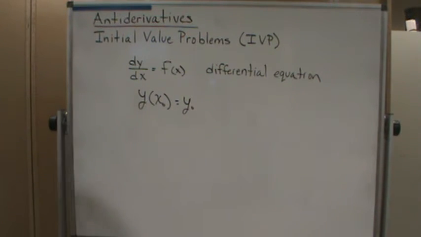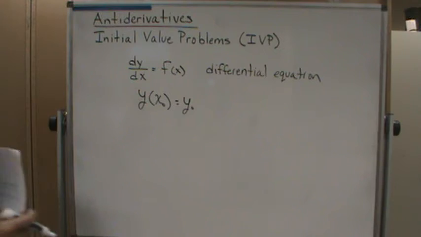Okay? So we would set it up like this. So this would be an example of an initial value problem. The condition y of x naught is equal to y naught is known as the initial condition. Okay? And this is what allows us to solve or to see if a particular solution exists for this differential equation with the initial condition.